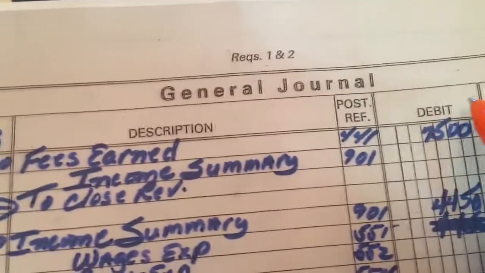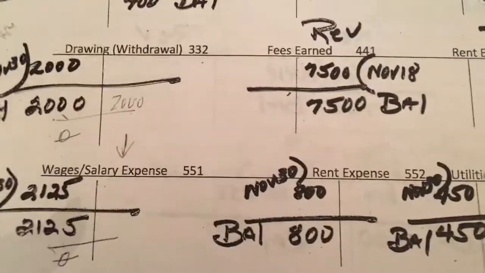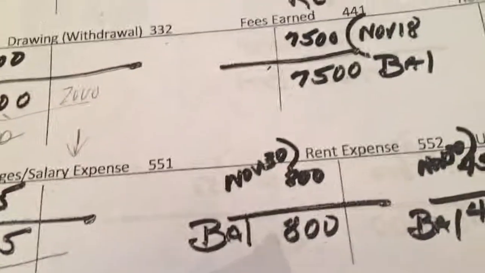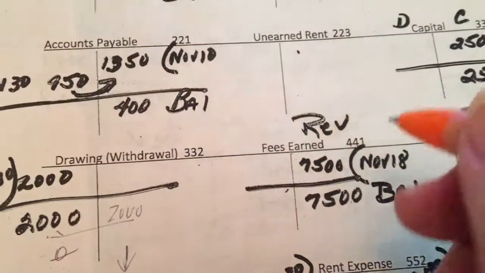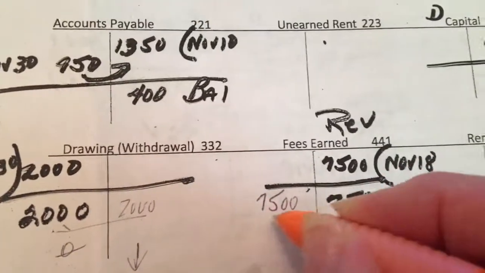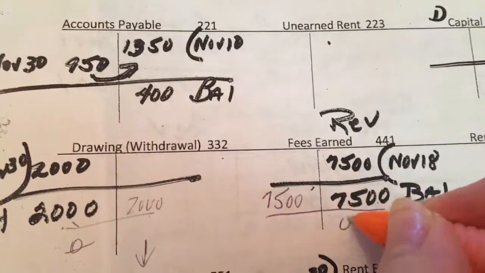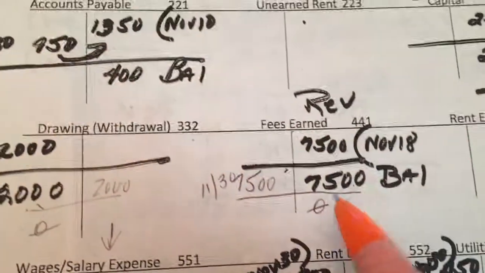Now, let's take fees earned, $7,500, and you want to go over to your T account, and you want to find fees earned. That's going to be $441, and the idea is to post that debit, $7,500, and you want to close this out with a 0, and this would be done on November 30th.